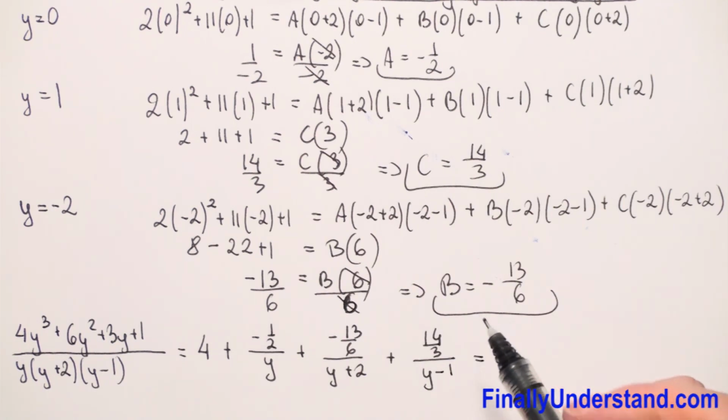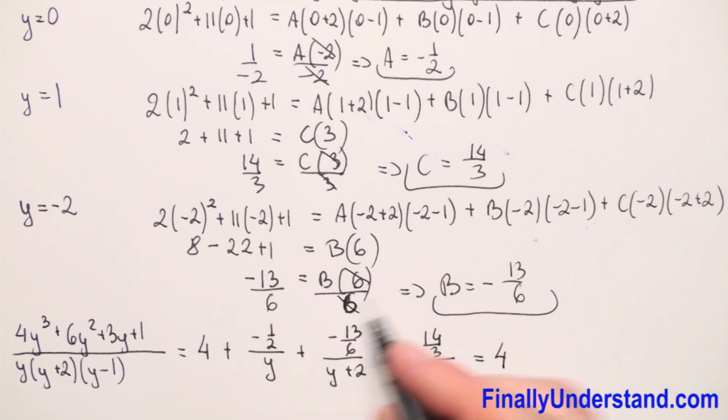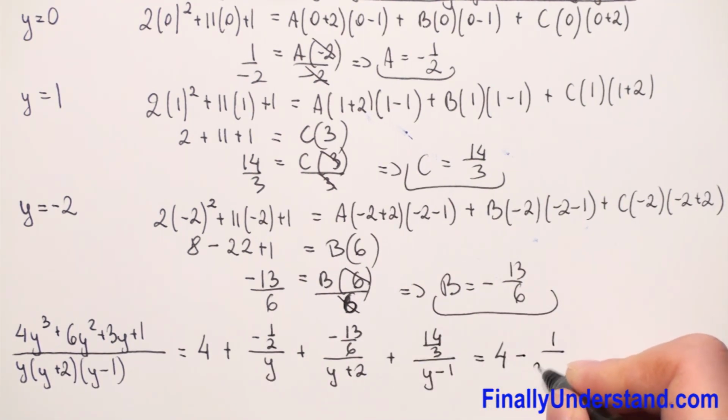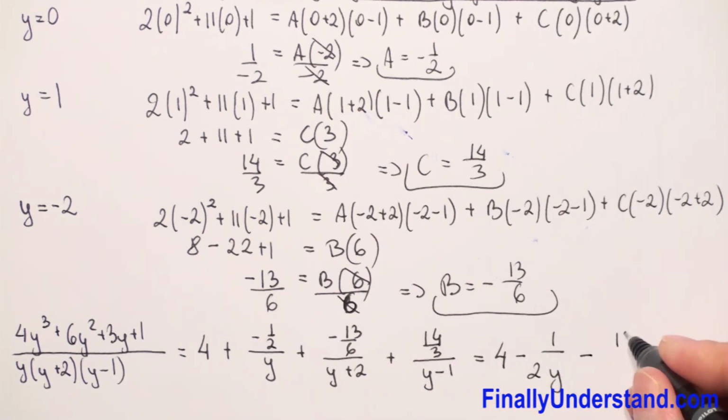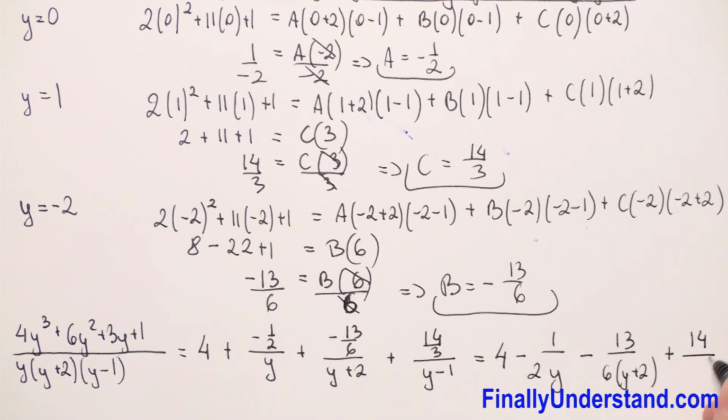So this is equal, it will be 4, positive and negative will be negative 1 over 2y, positive and negative, so it will be negative 13 over 6 times (y plus 2), and plus we have 14 over 3 times (y minus 1). So this is my solution.